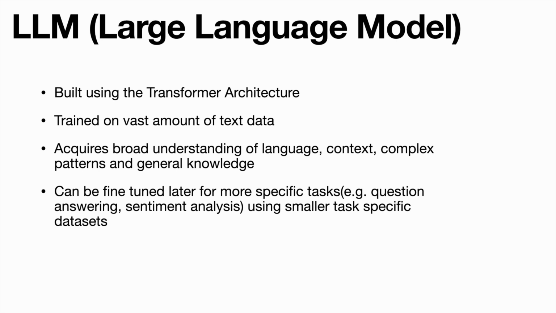Suppose you're working in a company and you have some company specific data, let's say sales reports or revenues or something that only makes sense to your organization, right? So we can feed those data. We don't need a large amount of data, and we can either fine tune, and there are other ways like RAG. So we can use our small, task specific data sets, and then we can work with that as well.